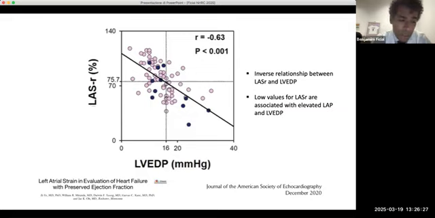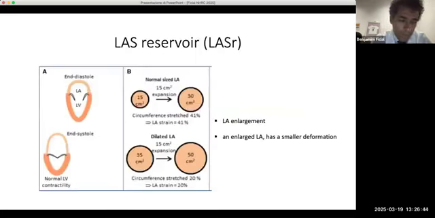Using cardiac catheterization, left atrial strain reservoir has been shown to be negatively associated with left ventricular end-diastolic pressure. This may sound counterintuitive, but remember, when we have left ventricular diastolic dysfunction, we know that there is increased pressure in the left atrium and usually a subsequent atrial enlargement.